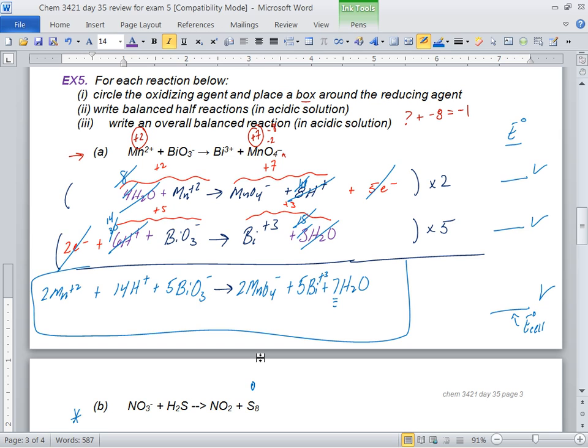So Marlena, did you circle H2S or did you put a box around it? So it ends up being 0, right? Oh, I don't know. What is sulfur's oxidation state in hydrogen sulfide? Its oxidation state is what number?